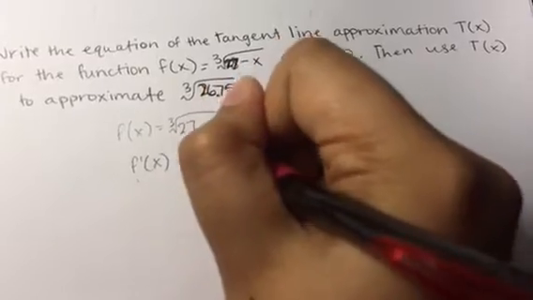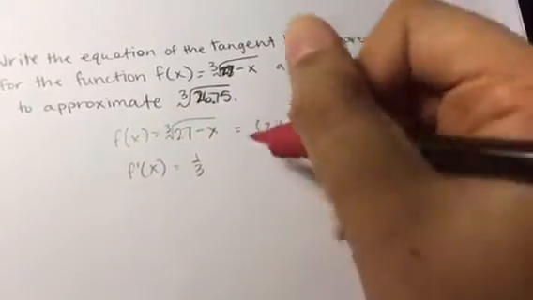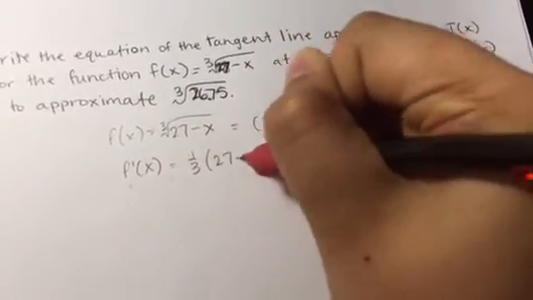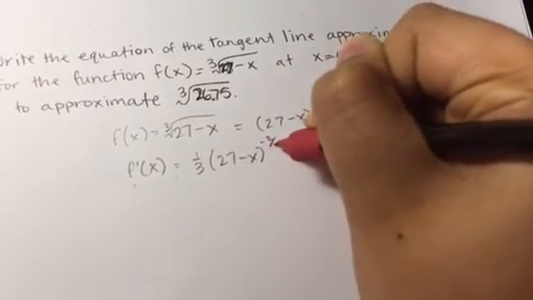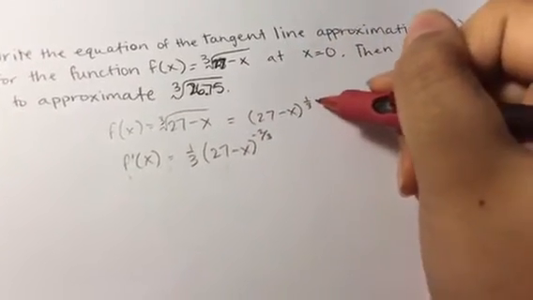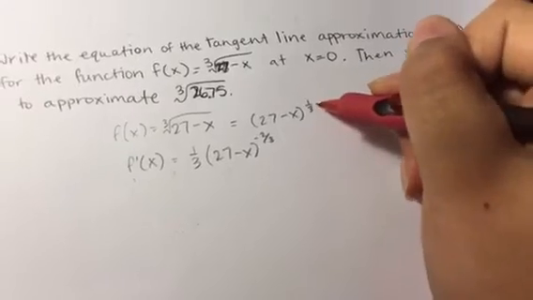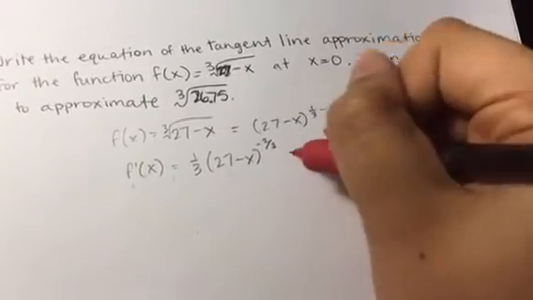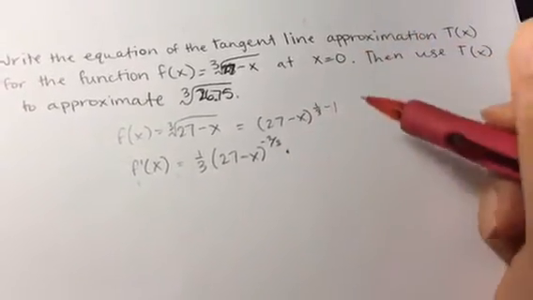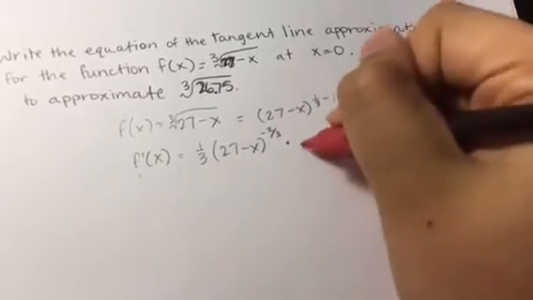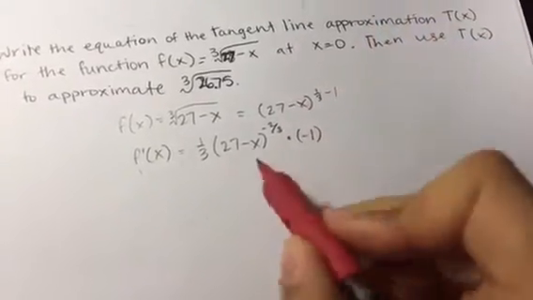So the derivative would be 1/3 times 27 minus x to the negative 2/3 power, because you have to reduce this exponent by 1. And then multiply it by the derivative of the inside, which is just negative 1 from the negative x.